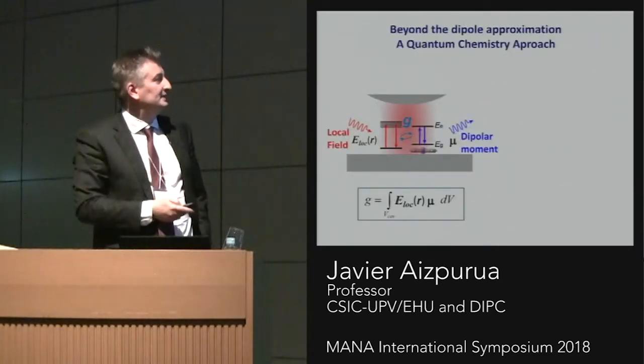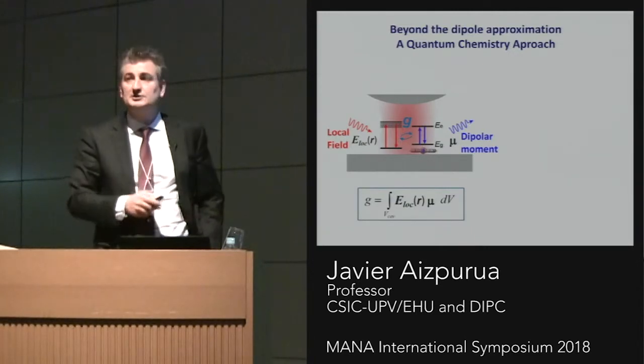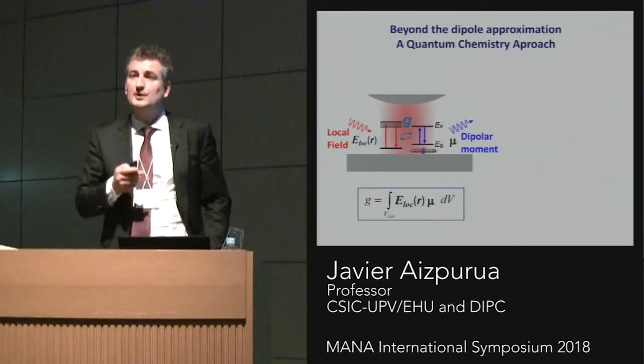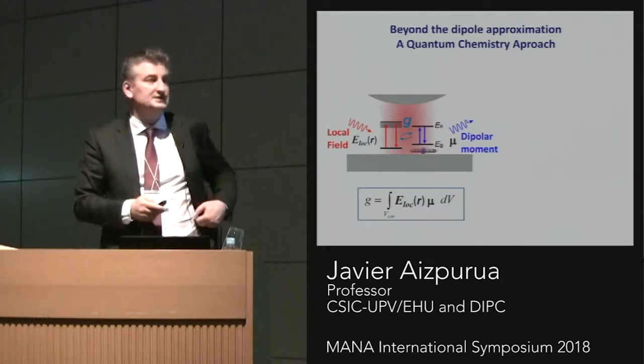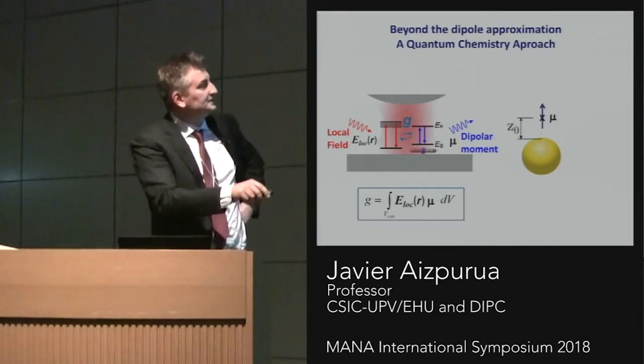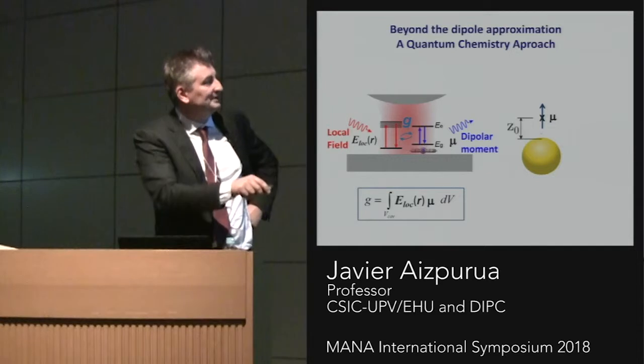Another interesting aspect is what happens when you consider that this dipolar moment is not a point-like object anymore, and you tackle the full quantum chemistry of this situation. This is very important, particularly in plasmonics, not in other optical cavities.